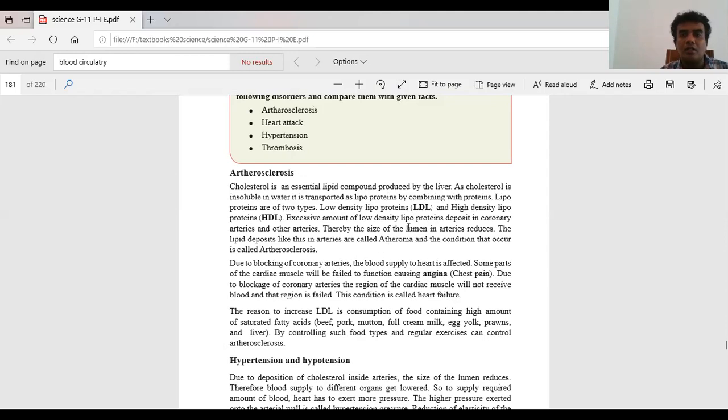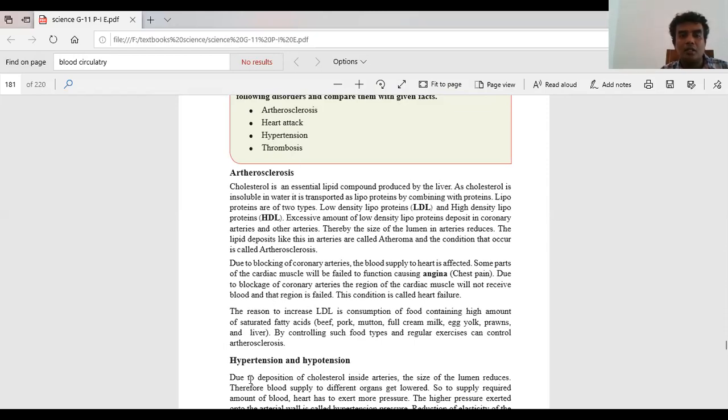The main reason for this is the consumption of food items containing saturated fatty acids. By doing regular exercises and getting rid of these saturated fatty acids, we can control the atherosclerosis condition. Then we need to study hypotension and hypertension.